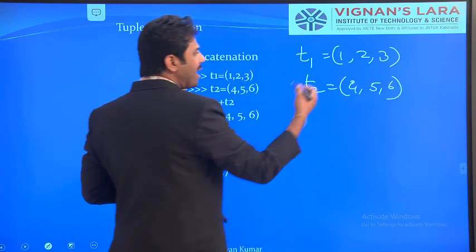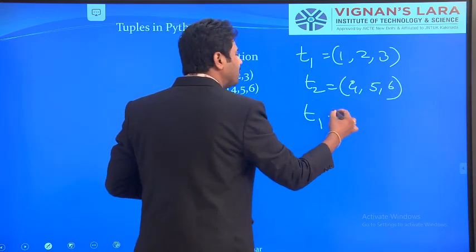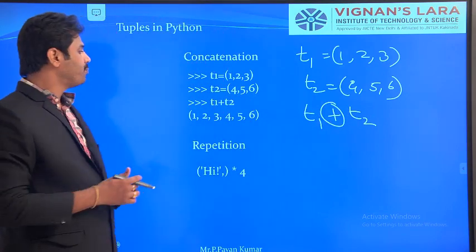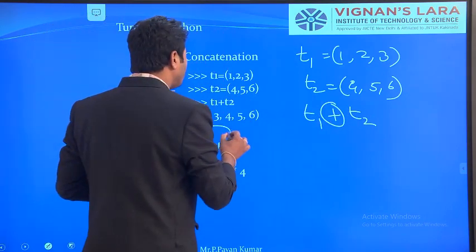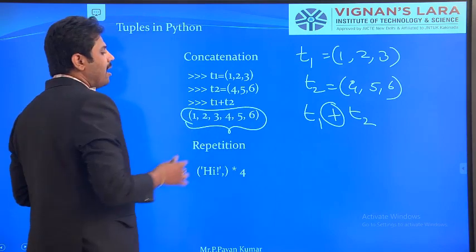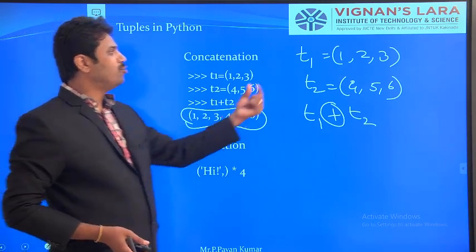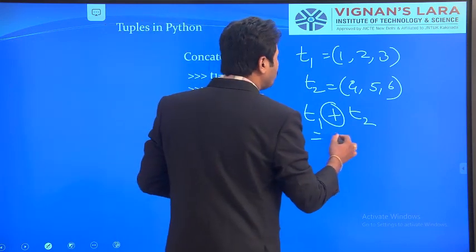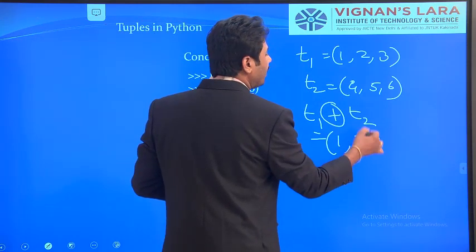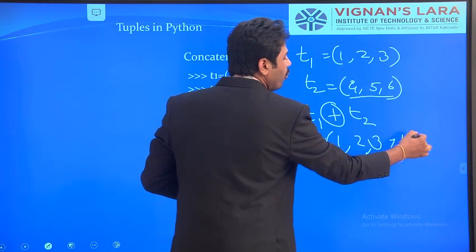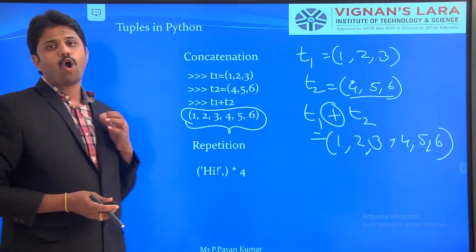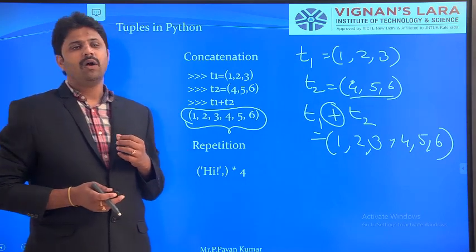If you concatenate, that means if you perform this plus symbol, a new tuple is created which contains the values of both T1 and T2. That means your new tuple is 1, 2, 3 and also 4, 5, 6. This is the concatenation operation.